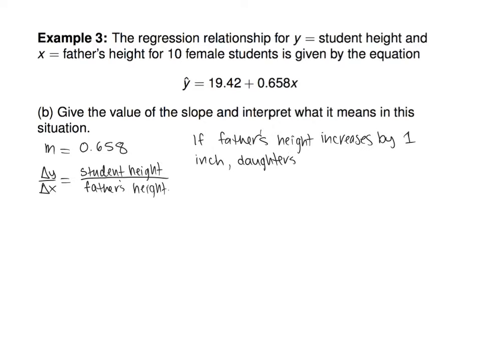Yep. Daughter's height increases 0.658 inches. And we should add that's on average. Because it isn't as if that's the be-all end-all. Your dad's 1 inch taller than my dad, well, therefore, you are 0.658 inches taller than I am. That's obviously not always true, right? But on average, people that are taller tend to have tall dads, tend to have tall daughters, usually.